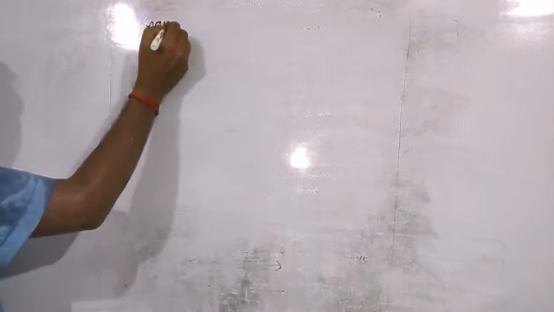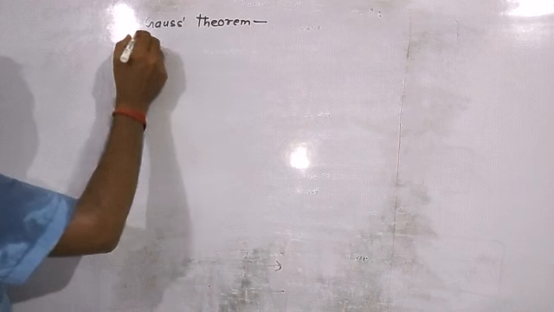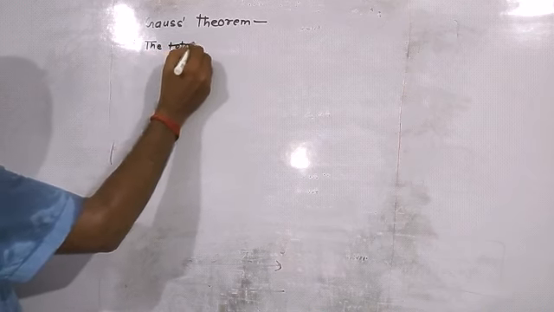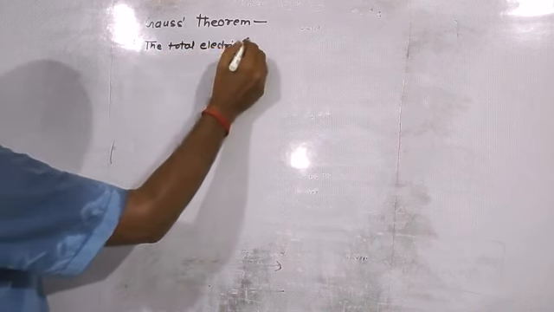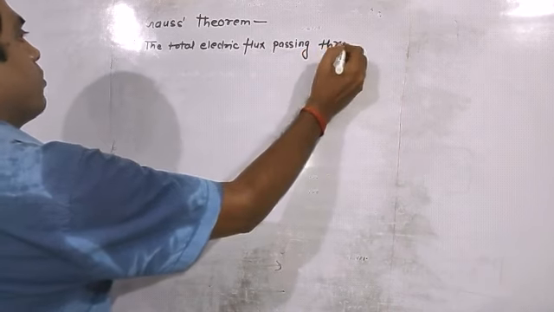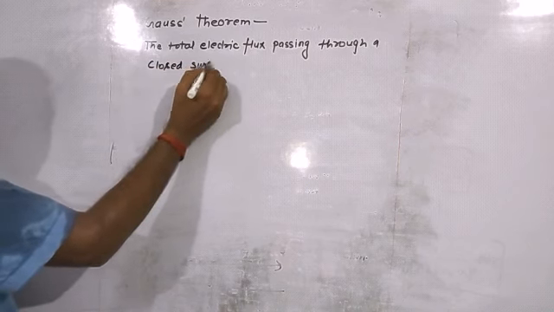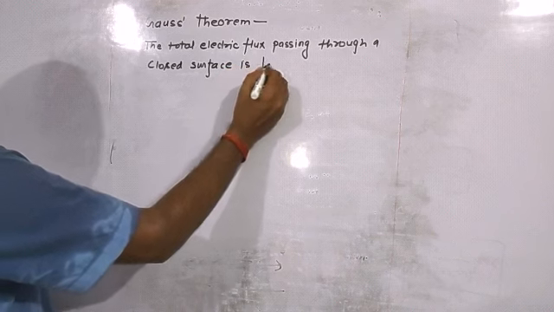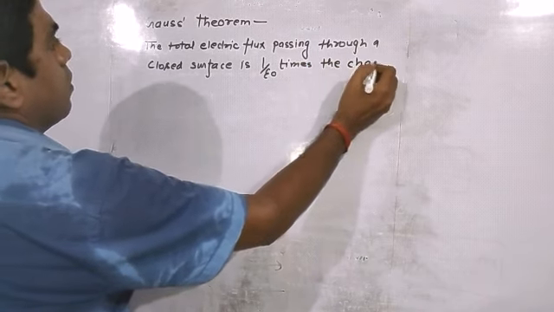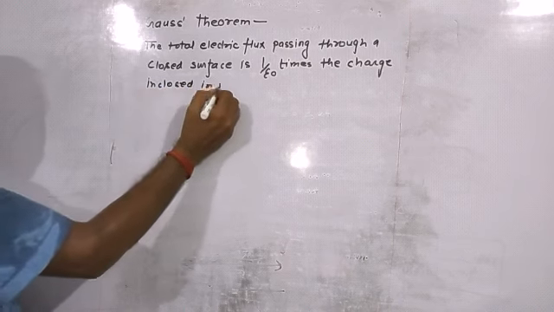Now the next topic is Gauss's theorem. What the Gauss theorem states is that the total electric flux passing through a closed surface is 1 by epsilon naught times the charge enclosed in it.